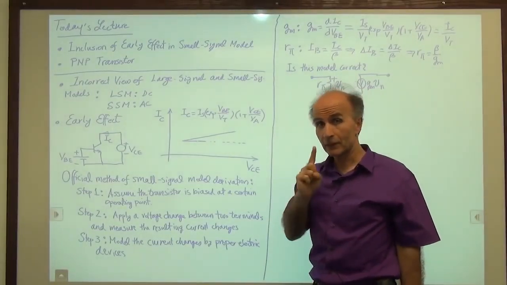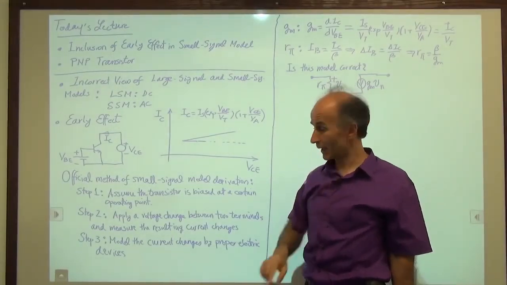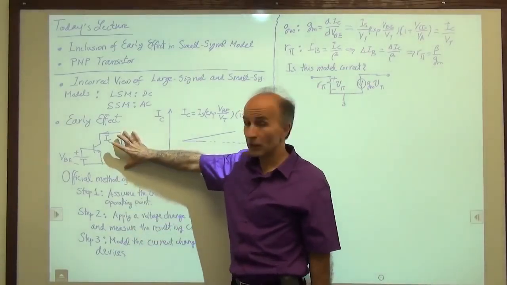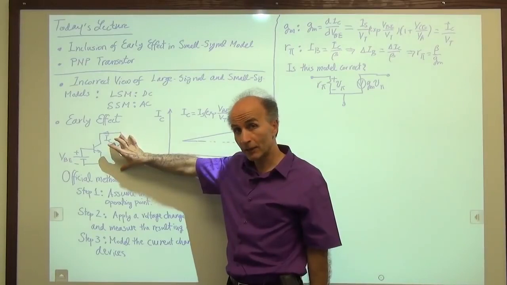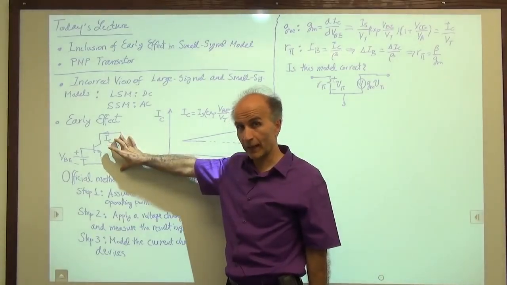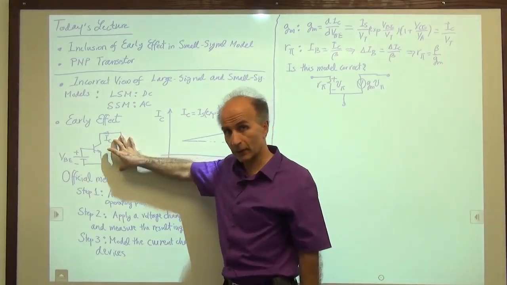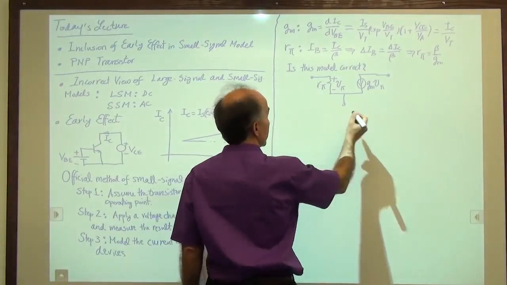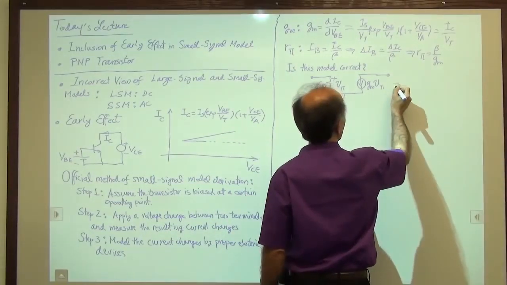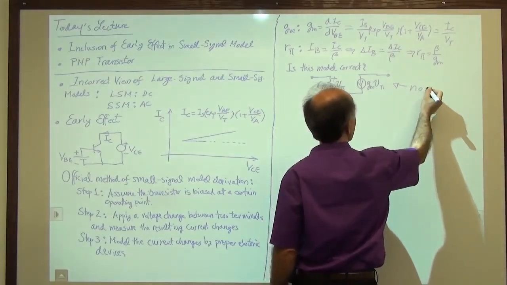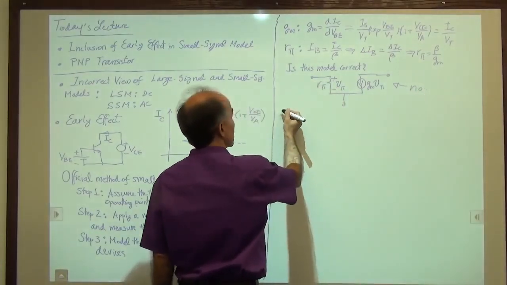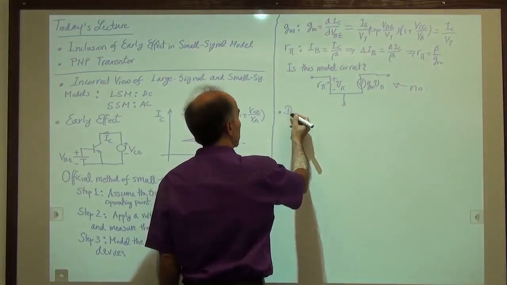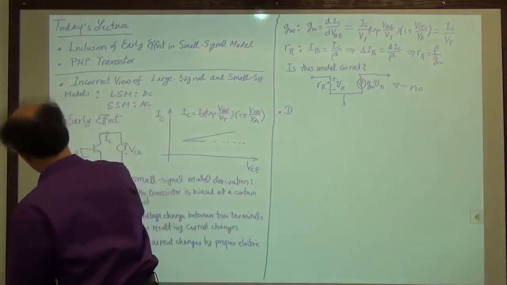That's all. But one test that we have not run yet according to this procedure is to apply a collector emitter voltage change and see what happens. So let's go ahead and do that. So in the next step, the answer is no, this model is not correct. So let me write that here.